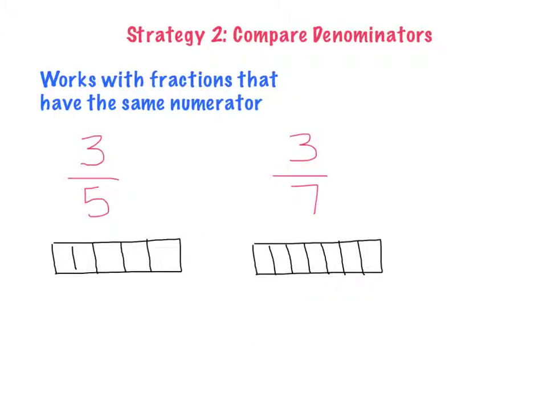When we look at the denominators of 5 and 7, the fraction that has 5 parts in a whole has pieces that are a little bit bigger than the fraction that has 7 parts in a whole. So we can just compare. If we have 3/5 compared to 3/7, each 1/7 piece is a little bit smaller than the 1/5 piece. So 3/5 is going to be greater than 3/7.